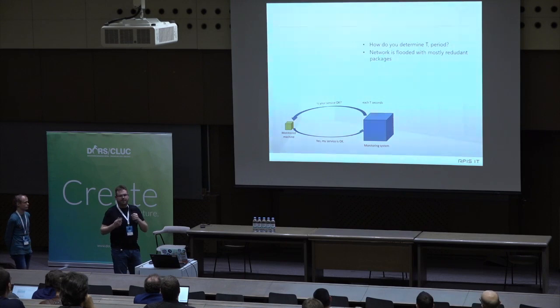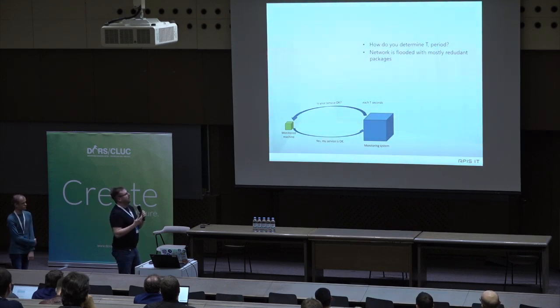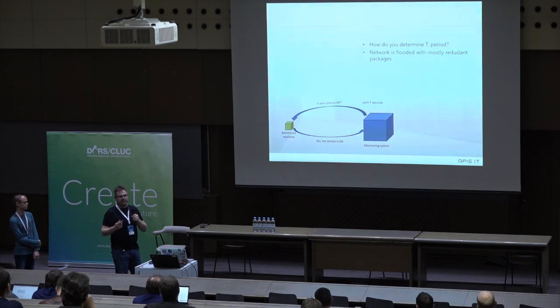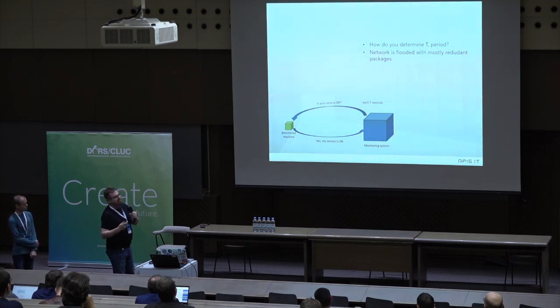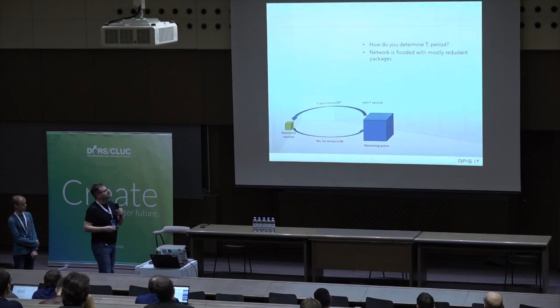How do you determine that period? What is the best period for notifications? Why? Because if the T is too small, the network is flooded with mostly redundant packets, simply asking, are you okay? I am. Are you okay? I am. That is not optimal.